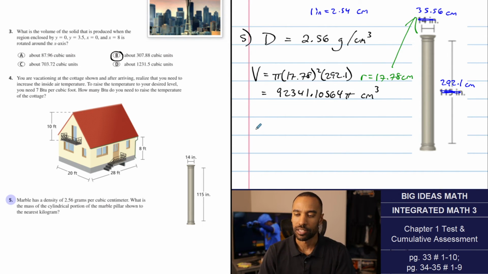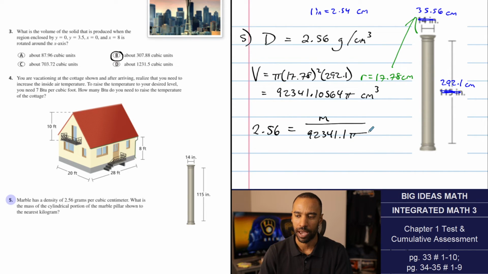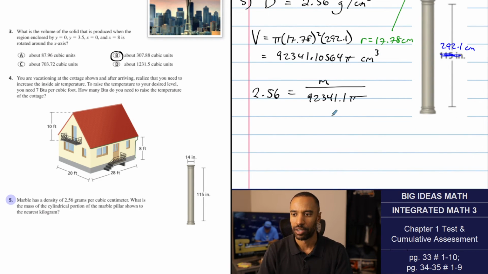Okay? So density is mass over volume. 2.56 equals mass over, I'll write the shorthand, 92341.1 pi. I'll still use the exact one here. So for mass, we're going to multiply both sides by this guy right here, 2.56 times that. That'll get mass by itself. So I need that number times pi, and times 2.56. It's a kind of big number, but we're going to get into kilograms after.